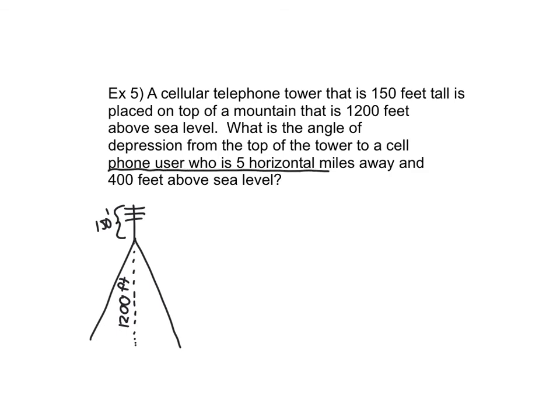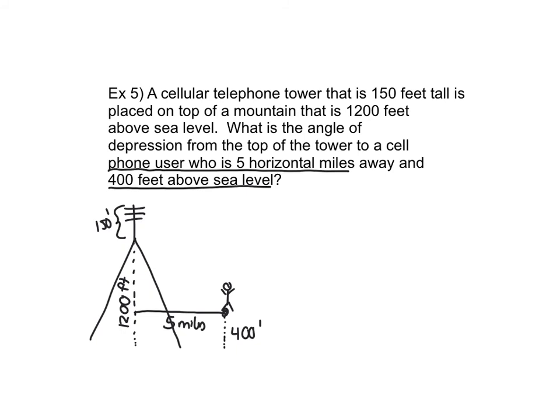He's 5 miles away from the center of the mountain, but he's also 400 feet above sea level. So I'm not going to start at the bottom. I'm going to go around here. Here's my cell phone user right here. I know that the distance above sea level is 400 feet. That's why I didn't start him out at the bottom. And we know that he is 5 miles away.